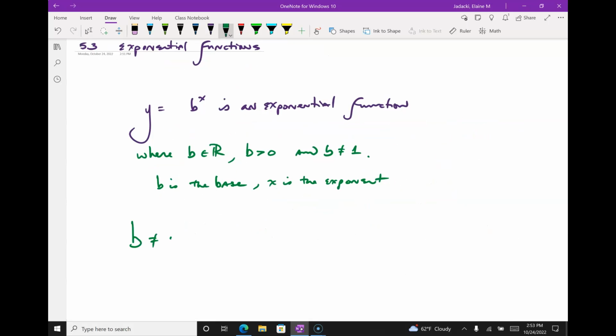So B does not equal 1 since y equals 1 to the x equals 1 for all values of x, right? Does that make sense? So it's boring. B stands for boring. Boring is all hell in this case.